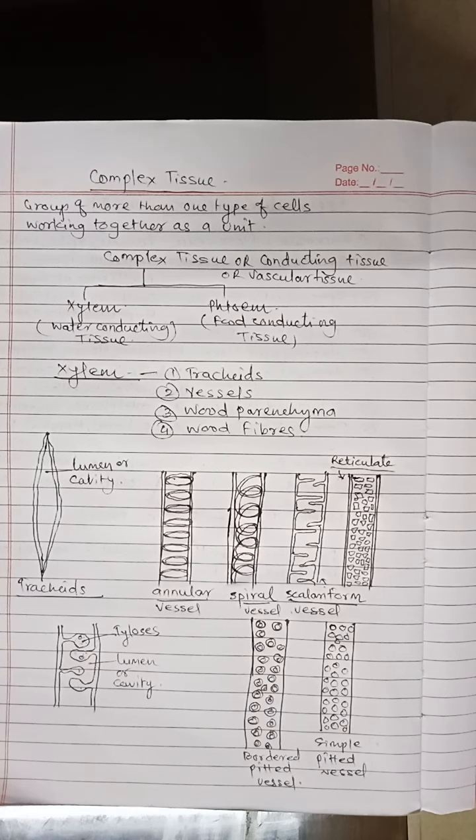In angiosperms, they are associated with vessels, but in pteridophytes and gymnosperms, they form the main bulk of xylem.